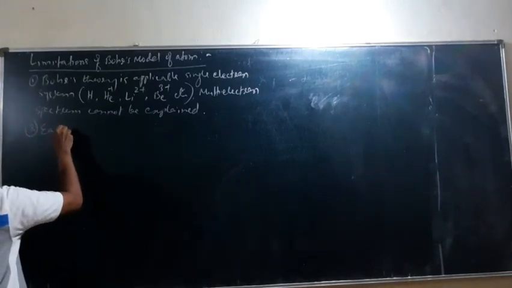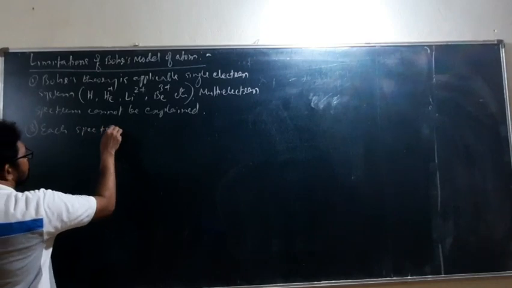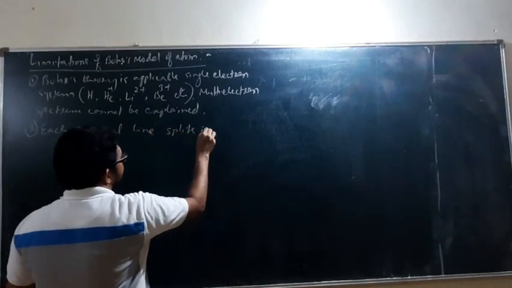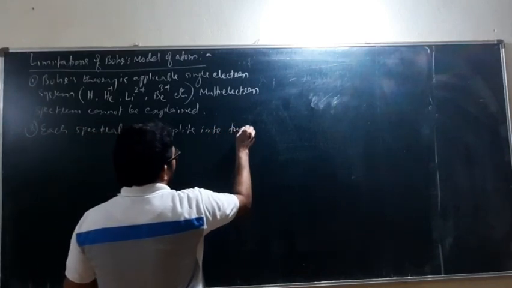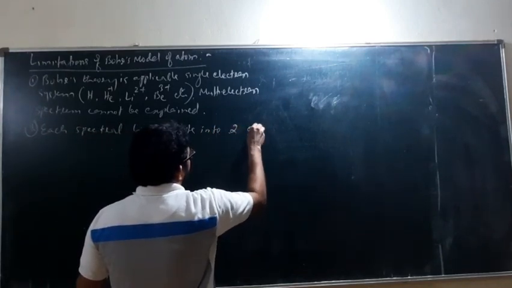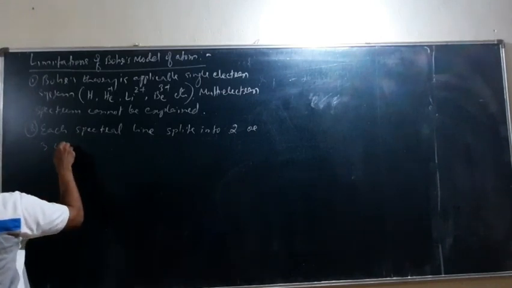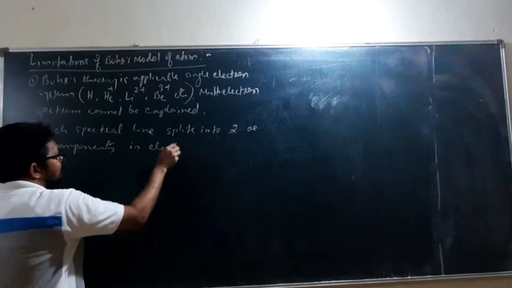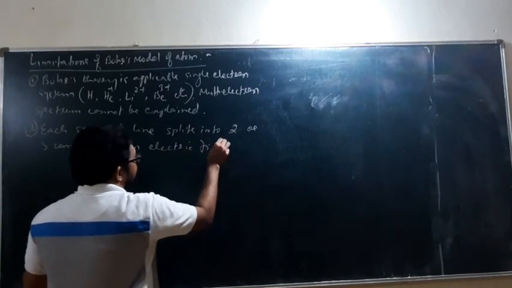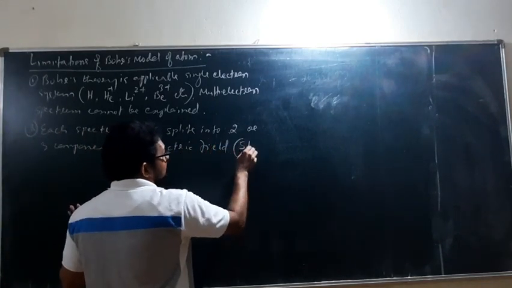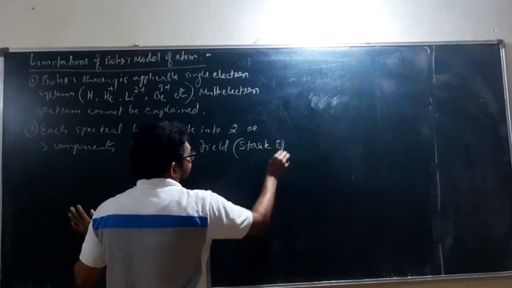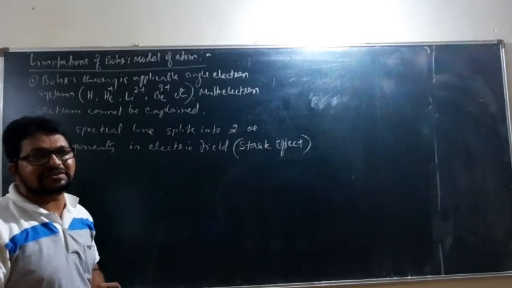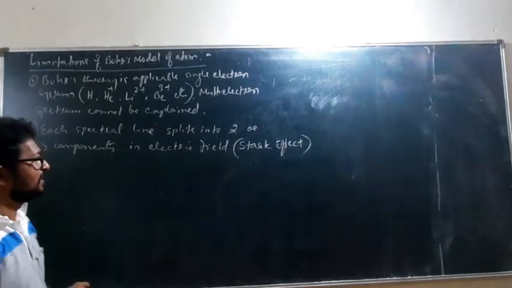Each spectral line splits into 2 or 3 components in the electric field. What is it called? Stark effect. What is the Stark effect? Splitting of a spectral line into 2 or 3 components in an electric field.